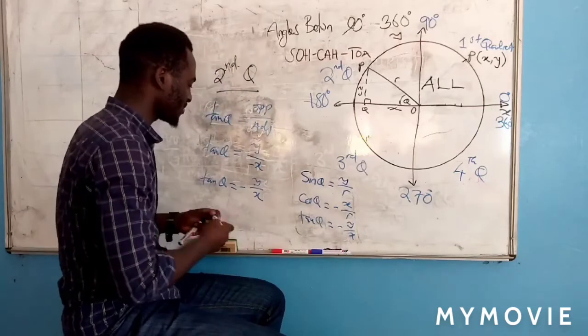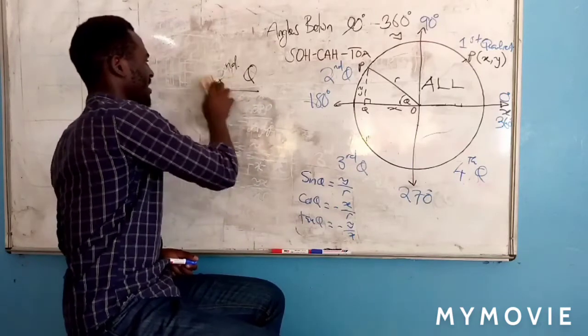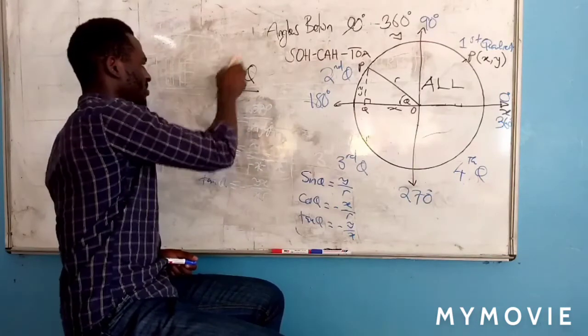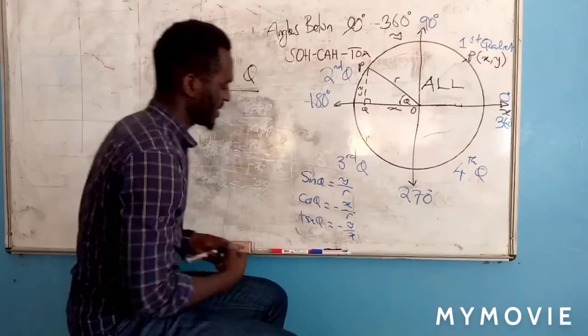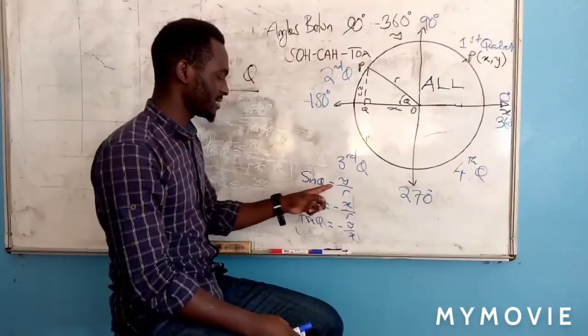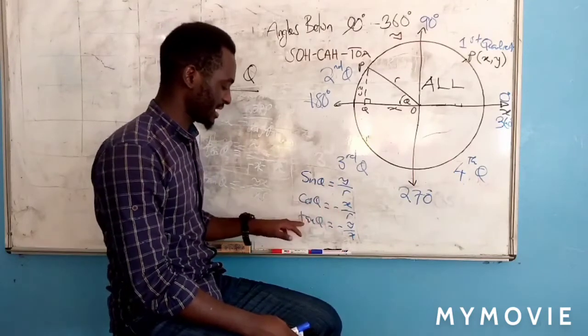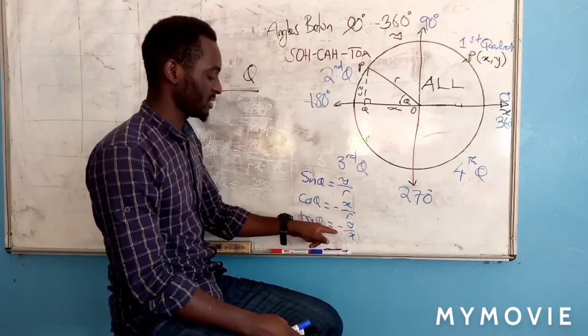So to conclude with the second quadrant, you can see that out of the three trigonometrical ratios, sine is positive, cos has a negative ratio, and tangent has a negative ratio.